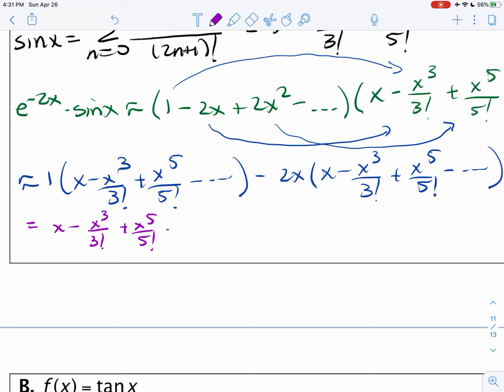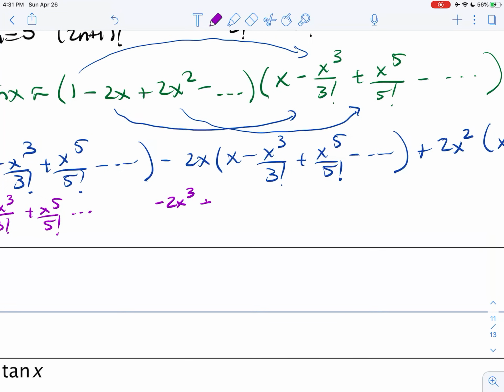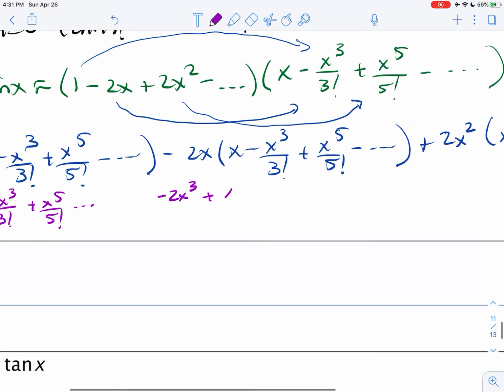x minus x cubed over 3 factorial plus x to the 5th over 5 factorial dot dot dot. And now I'm going to expand this one, and we get minus 2x squared plus 2x to the fourth, but 2 divided by 3 factorial is going to be 1 third because it's 2 divided by 6. So I can say that this is plus x to the fourth over 3.